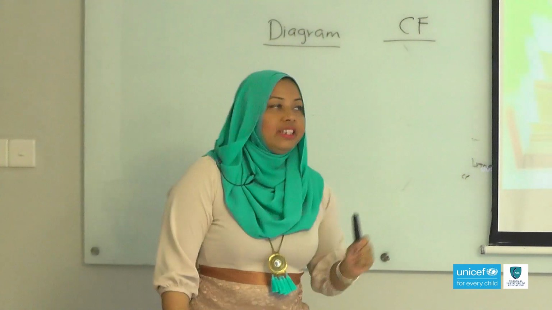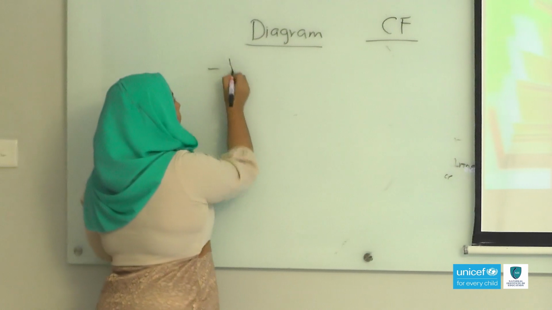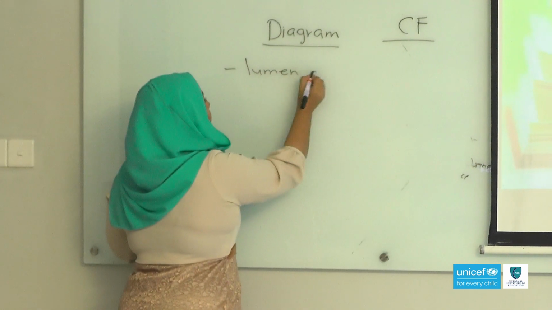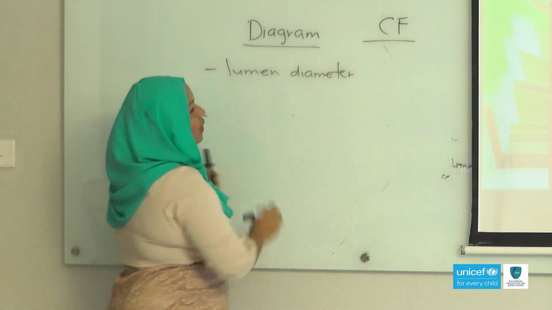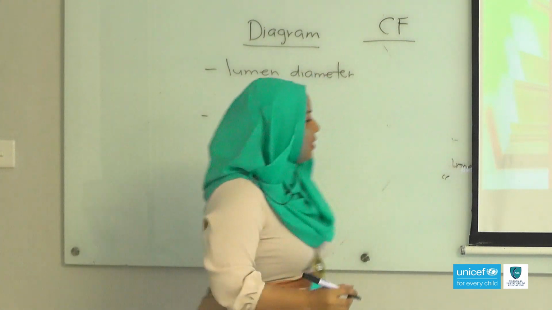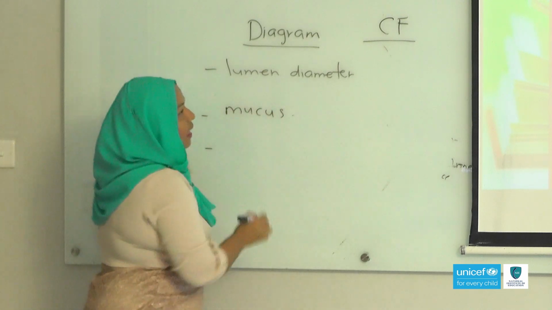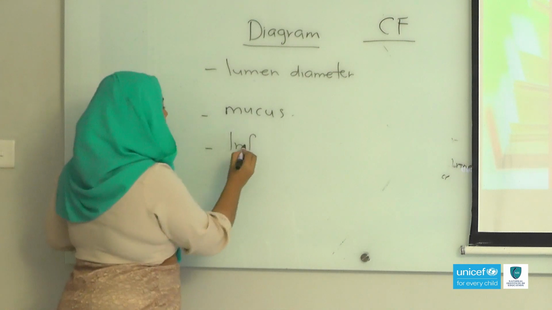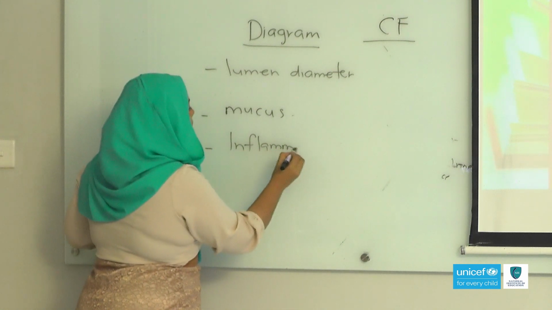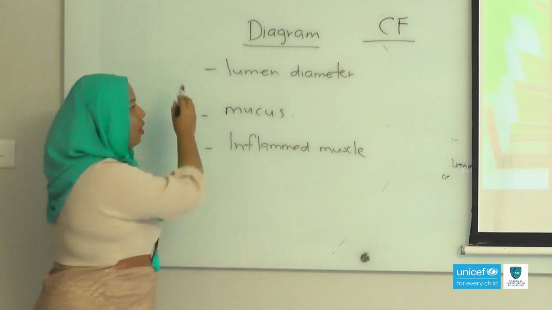So, what are the differences that you can see in the diagram? You can look at the lumen diameter. The next one is mucus that is produced. Next is inflamed muscle. This is simply from the diagram.